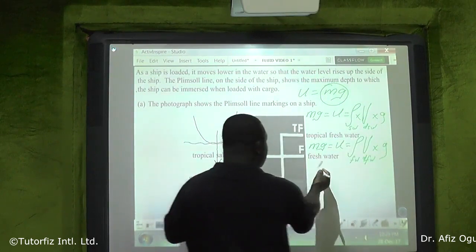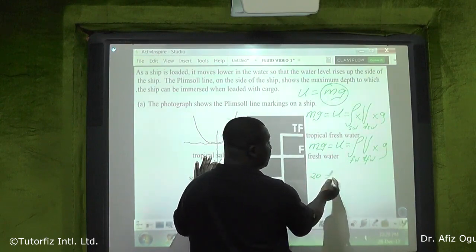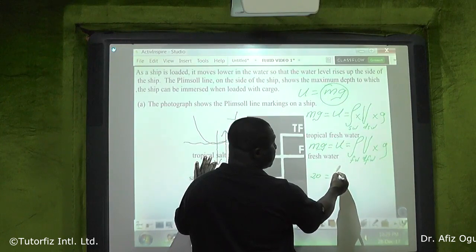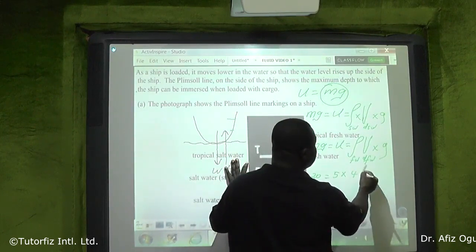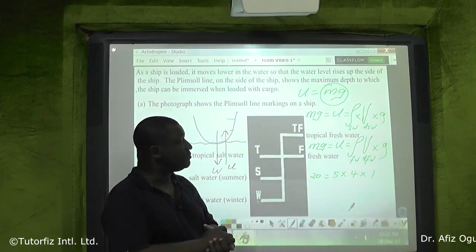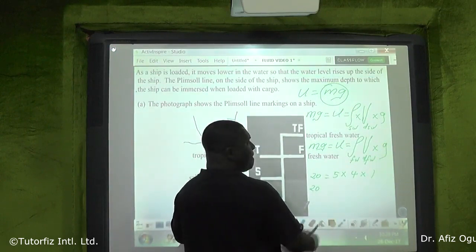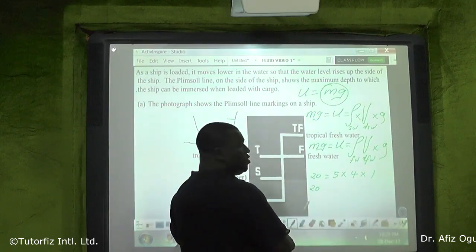It's like I'm saying I have to get my answer to be 20, and I have 5 times 4 times 1 equal to 20. But fresh water has very low what? Low density.